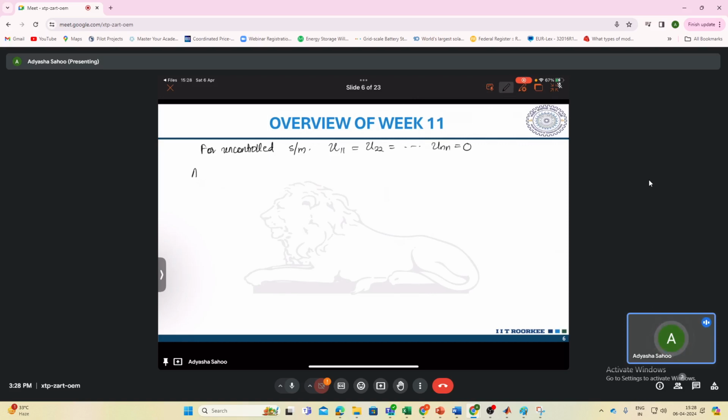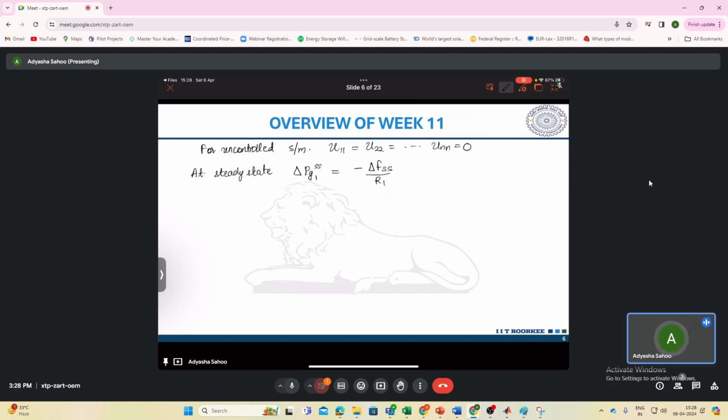And we already know that at steady state, this delta Pg1 steady state is minus delta F by R1.